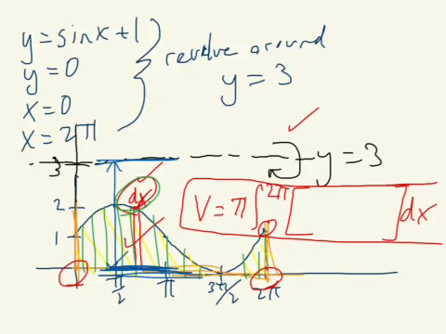If you did a representative rectangle over here, it is still the same. It's 3. It's a constant. The outer edge lies along the x-axis. So that's going to make this just 3 squared. That works out pretty nice.